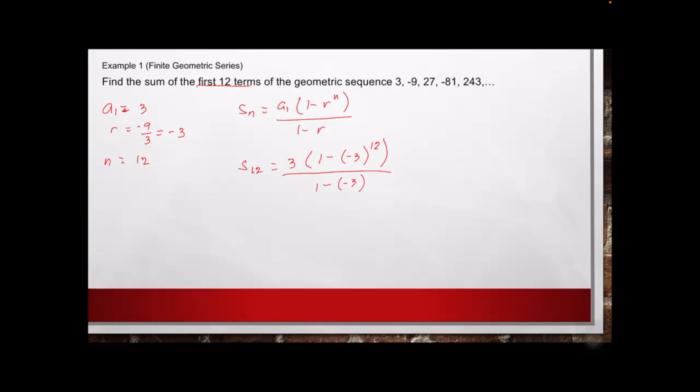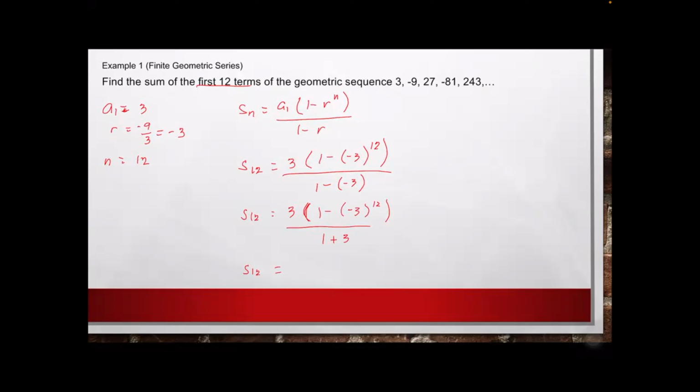So, let us simplify it first. S sub 12 is equal to 3 times 1 minus negative 3 raised to 12 over 1 plus 3. And please use your calculator to determine the answer.